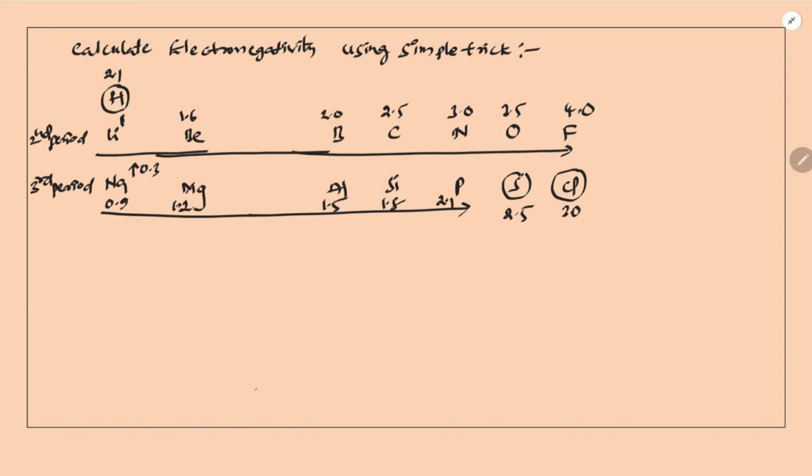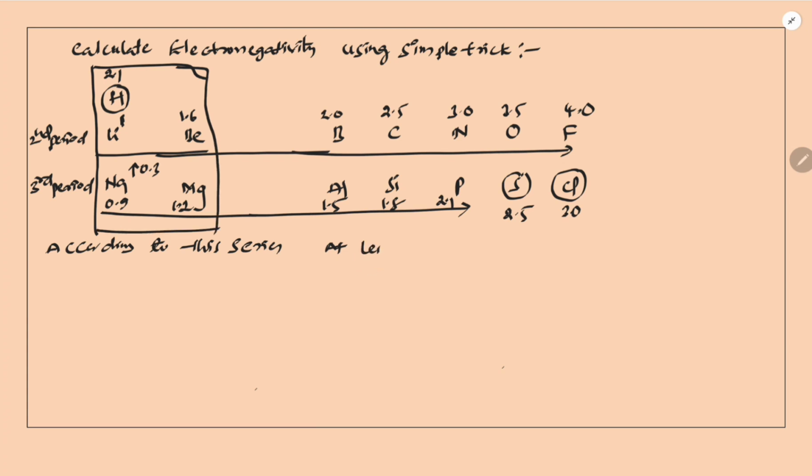Now, according to this series, on the left hand side electronegativity decreases, and on the right hand side electronegativity increases.